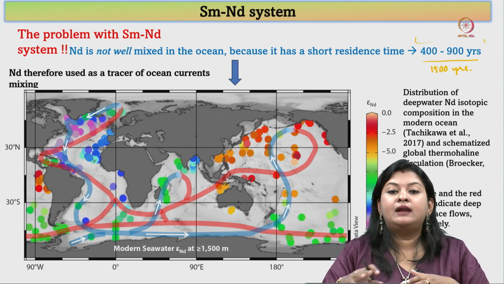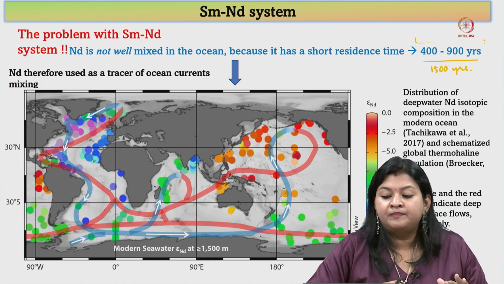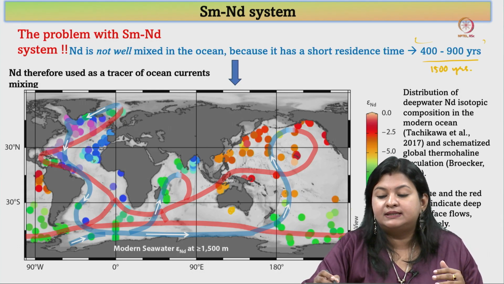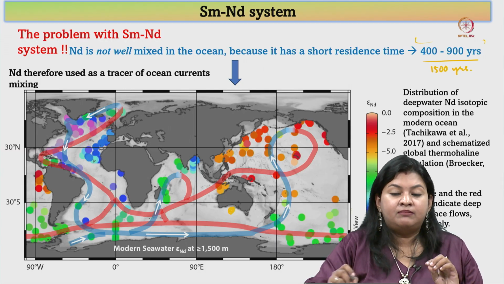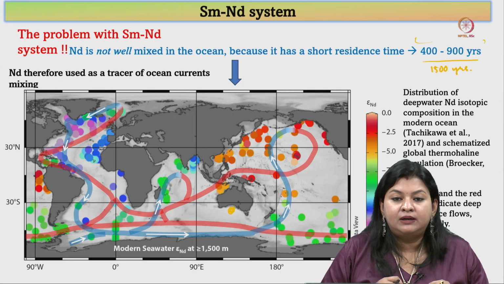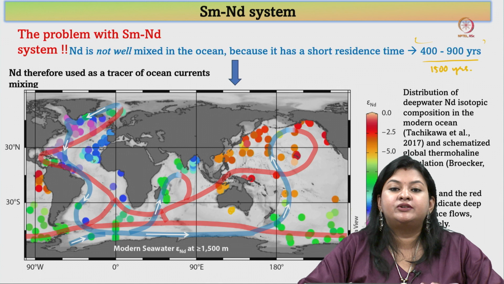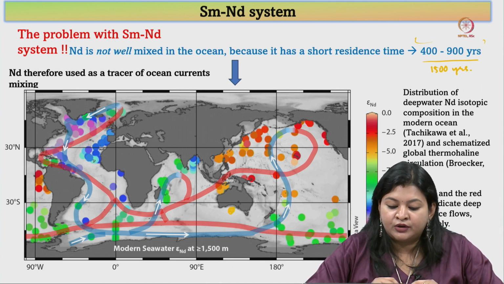The entire water mass has a higher mixing time or residence time as compared to the neodymium isotopes. That means, with neodymium isotopes we are able to see a lot of differences in the different regions of the ocean.